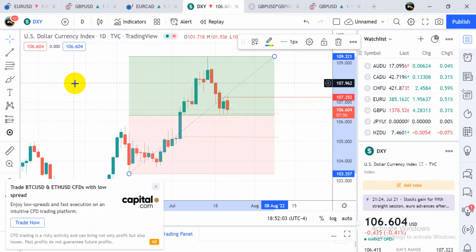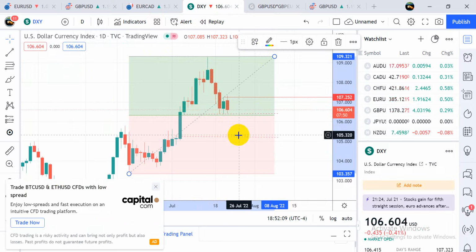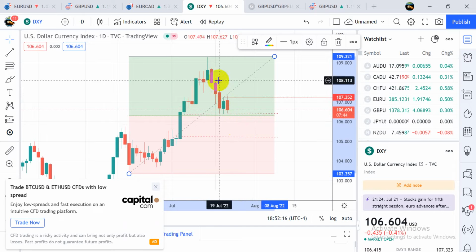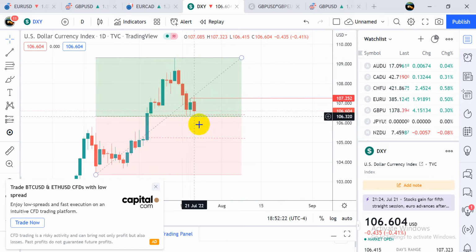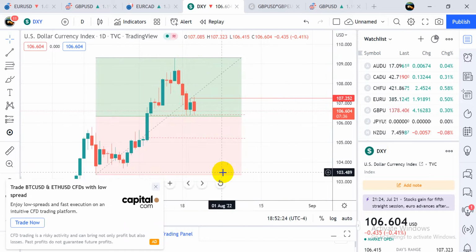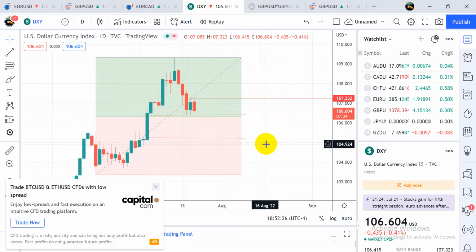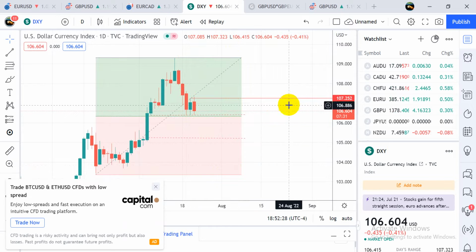So all dollar related pairs, you are going to sell them for the time being. That is just for the retracement, and then medium to long term, they are still buys, because dollar is still really, really strong, regardless.